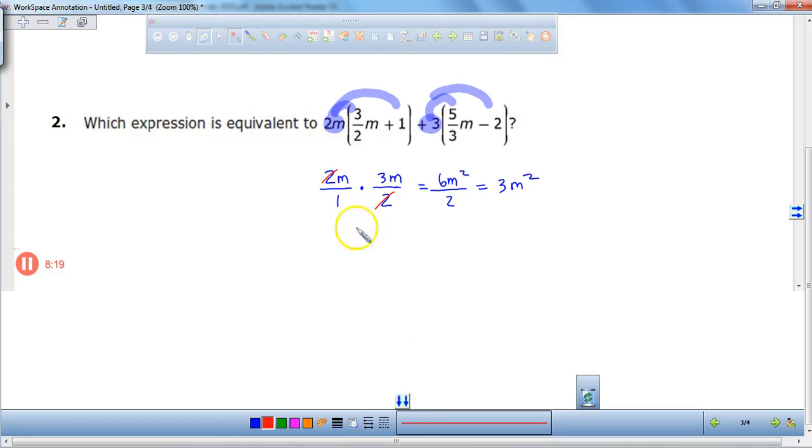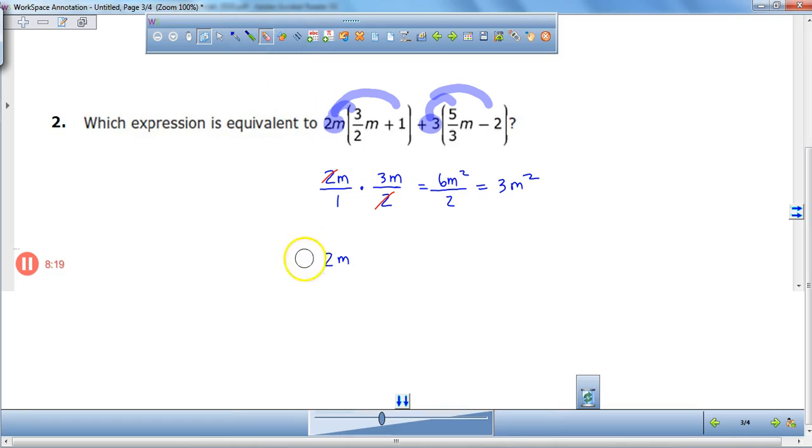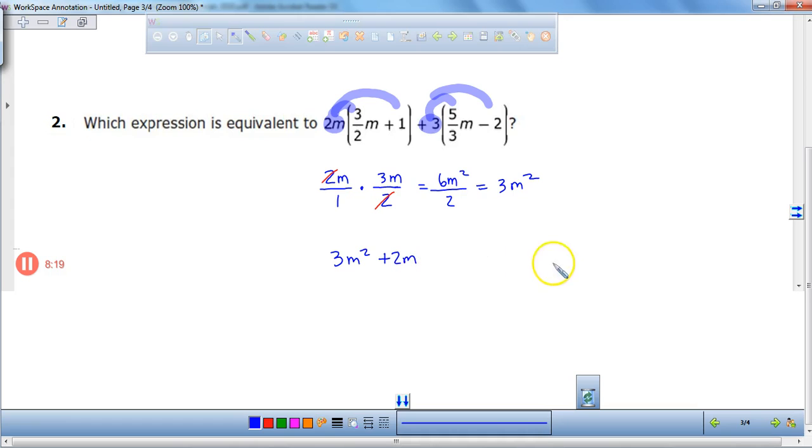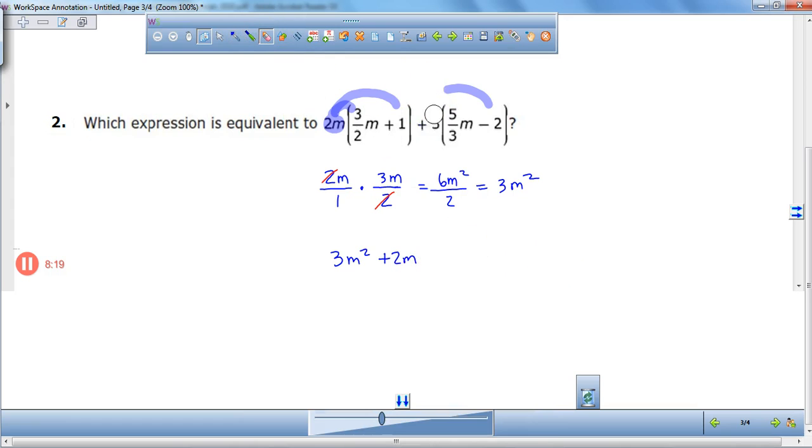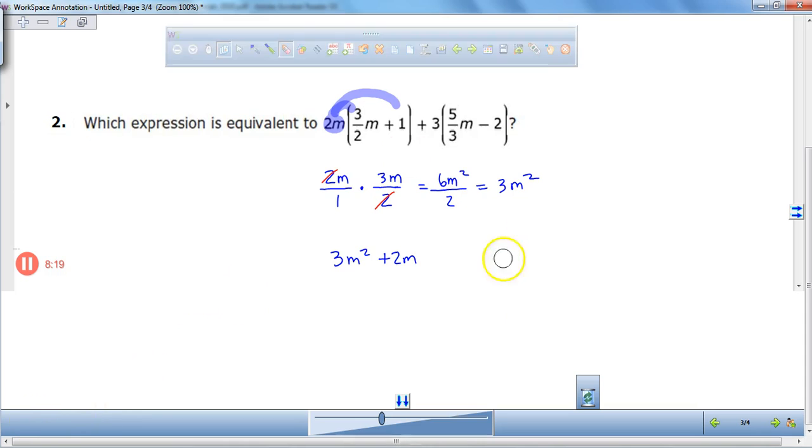The next thing we're going to do is take 2m and multiply it by 1. Well, 2m times 1 is just 2m. So here's what we have so far. Our first products are 3m squared, and 2m times 1 is just 2m. Now I'm going to use green here.